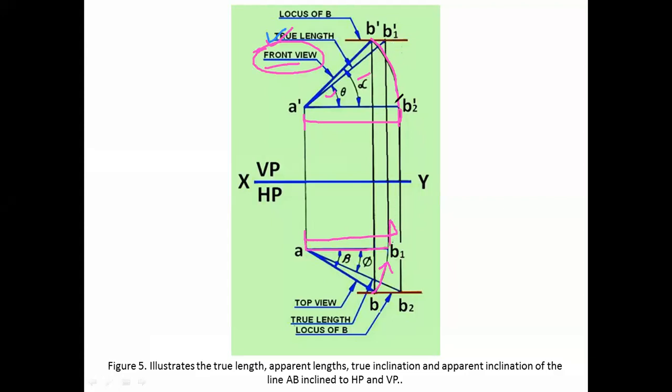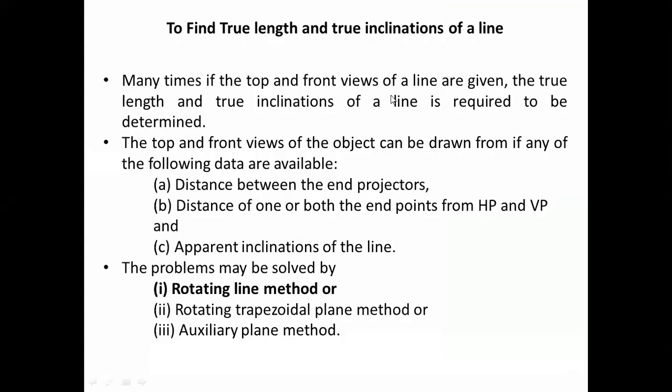Then the important thing is the locus. We will have this locus for both the points. The locus will be a straight line in the front view as well as in the top view if it is inclined to both the planes. So what we have done is rotated a few things here only.